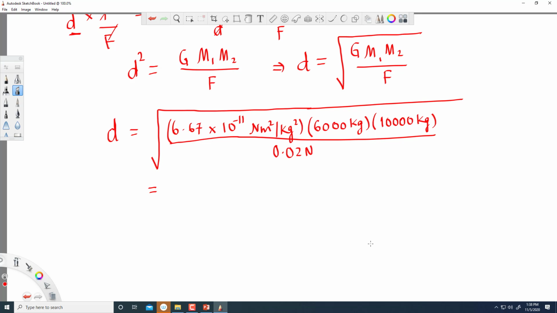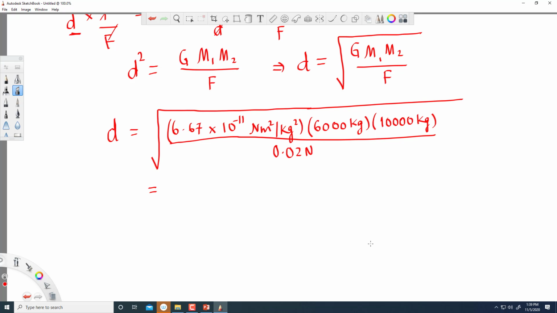Then put that in parentheses. Actually, if you put that in parentheses, then the square root will be only for that thing, but we want to do the square root for everything. So let's not put the parentheses. Just do times 6,000, no parentheses, and then times 10,000.